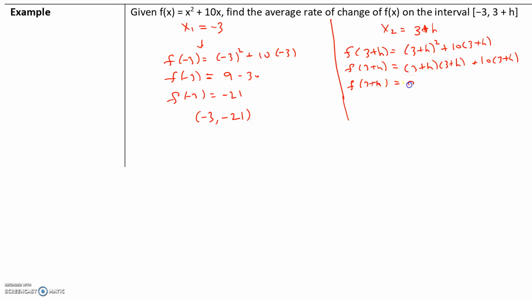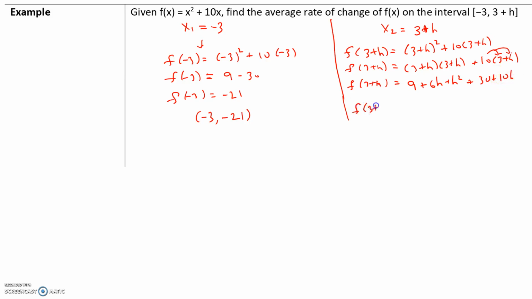Let's go ahead and distribute this. We have 9 plus 3h, that's going to be plus 6h plus h squared. And then we have plus 10 times 3 is 30, plus 10 times h is 10h.